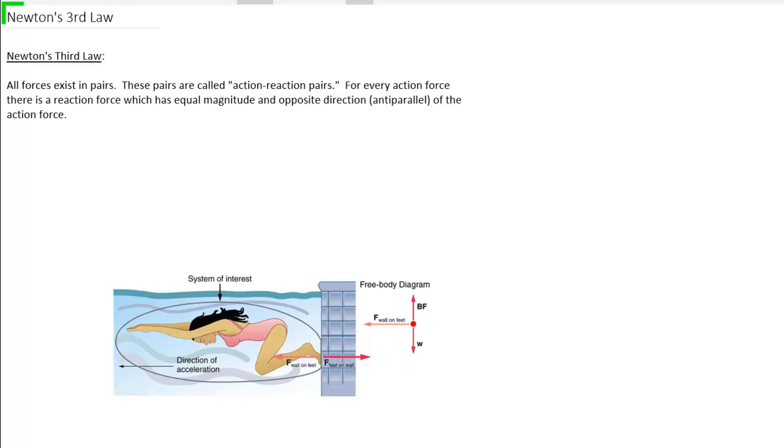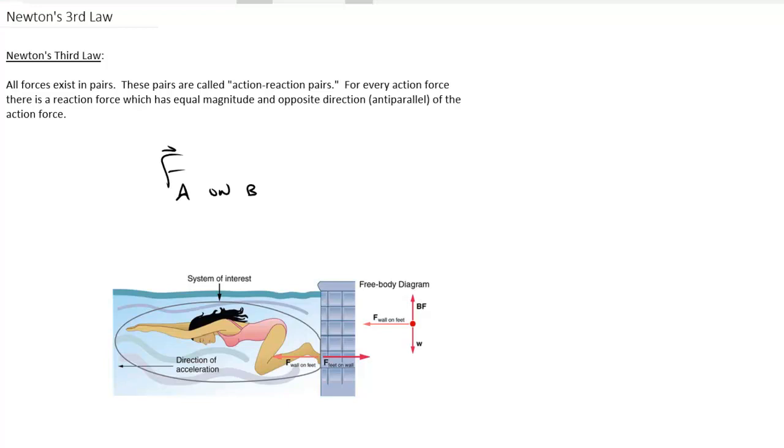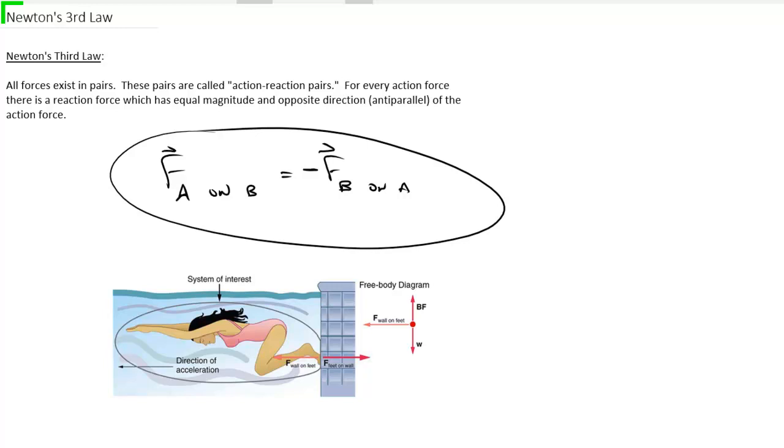A way we could write this out symbolically, and we need to pay attention to what is acting on what, is the floor acting on the box, etc. We have the force that object A exerts on object B. So the force of A on B is equal to the same magnitude but opposite direction of the force that B exerts on A. This is how we can symbolically write out an action-reaction pair.